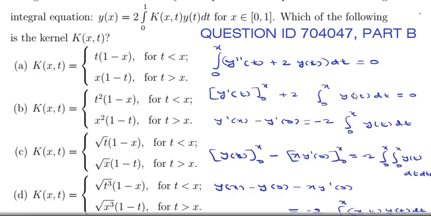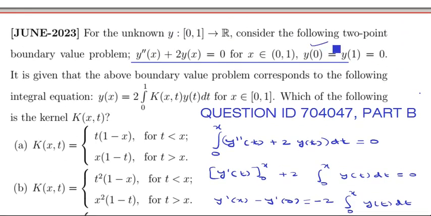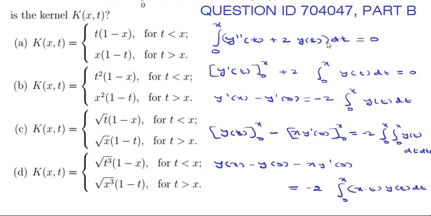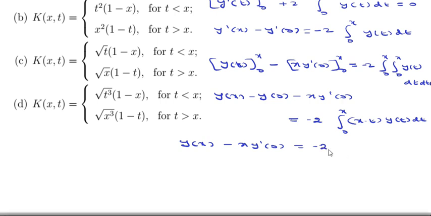We have the value for y of 0, so y of 0 is 0. Therefore y of x minus x times y dash of 0 equal to minus 2 times integral 0 to x of x minus t, y of t dt.